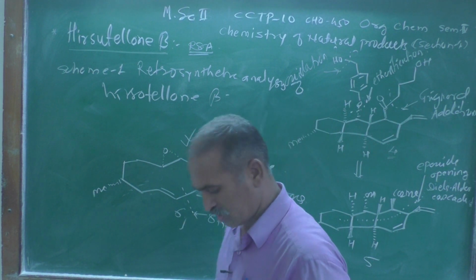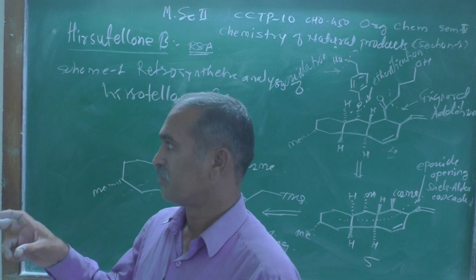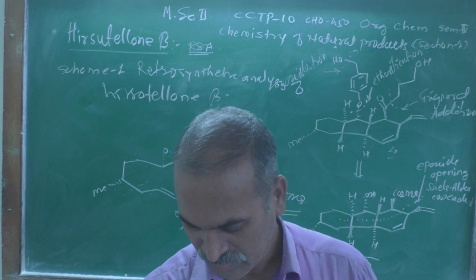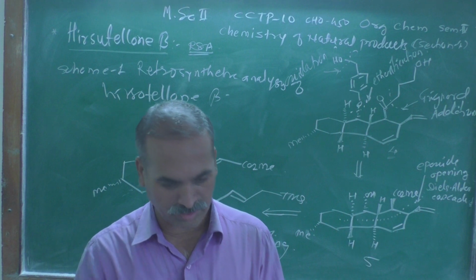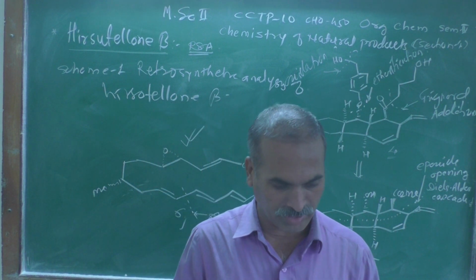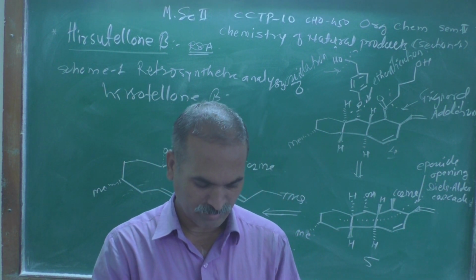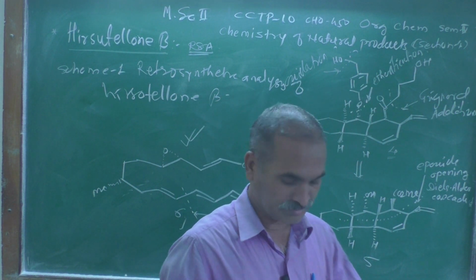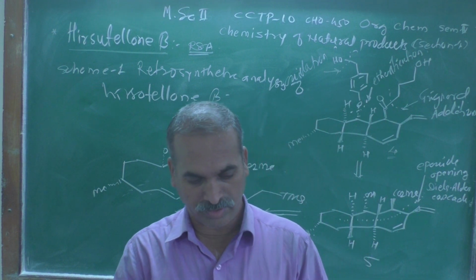By using this starting material and reaction conditions, we will get our target molecule, which is Hirsutoluene B, by keeping the reaction conditions proper.